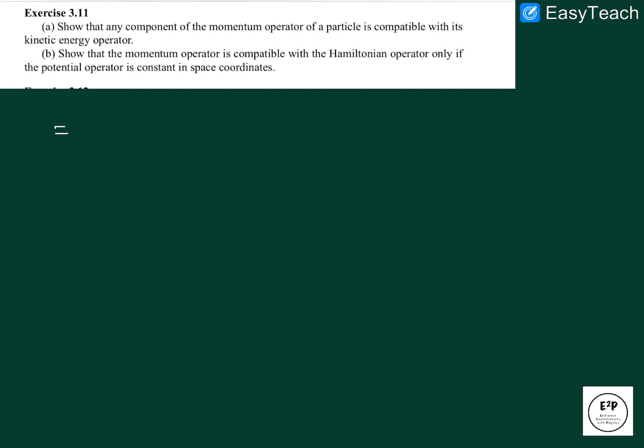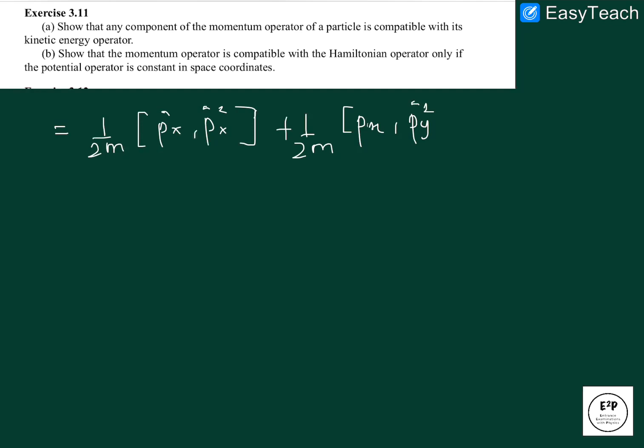Now we are having 1 by 2m [px, px square] plus 1 by 2m [px, py square] plus 1 by 2m [px, pz square].